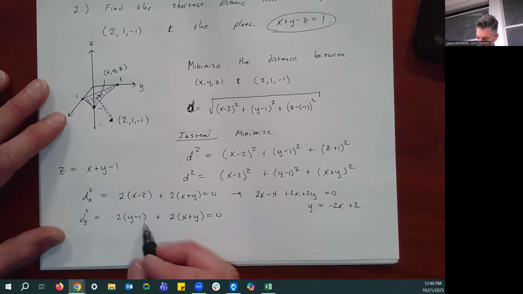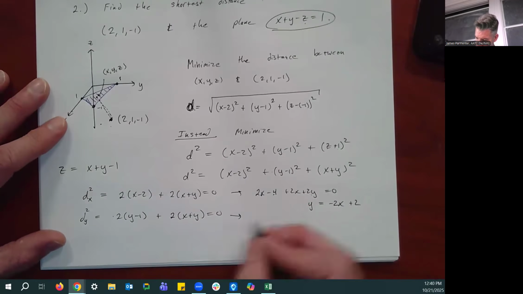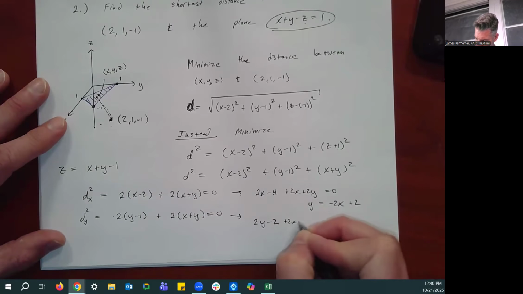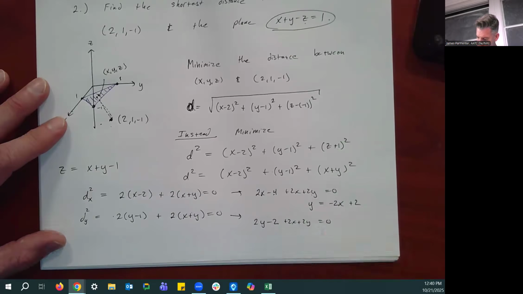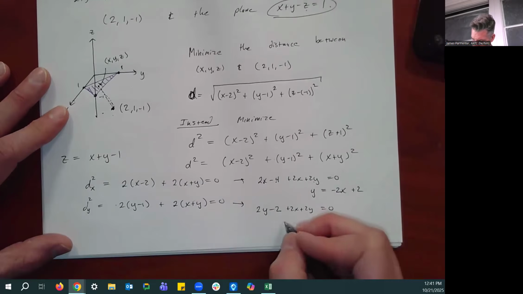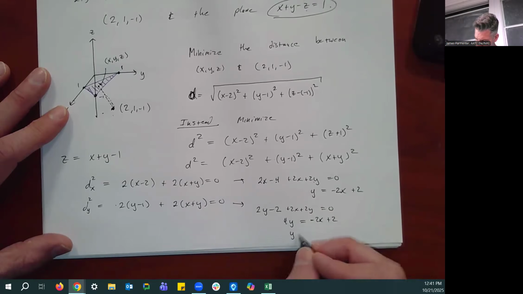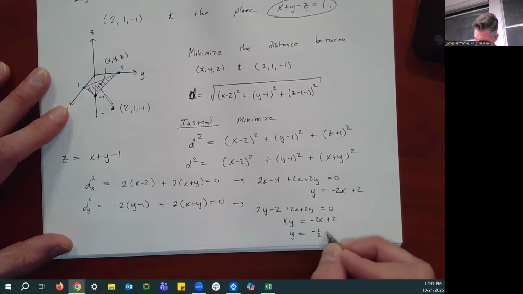And then this other one is going to be 2y minus 2 plus 2x plus 2y equal to 0. Again, solving for y, I've got 4y equal to negative 2x plus 2, so y is equal to negative 1/2 x plus 1/2.